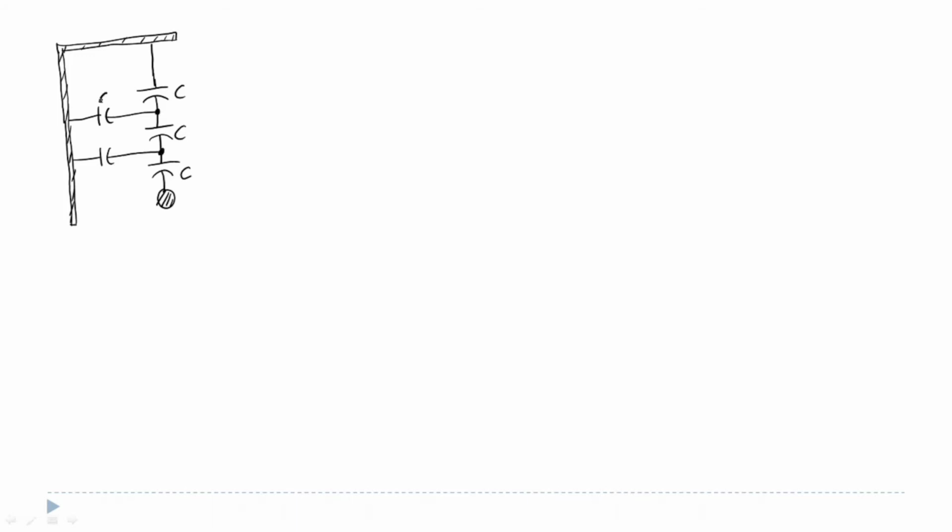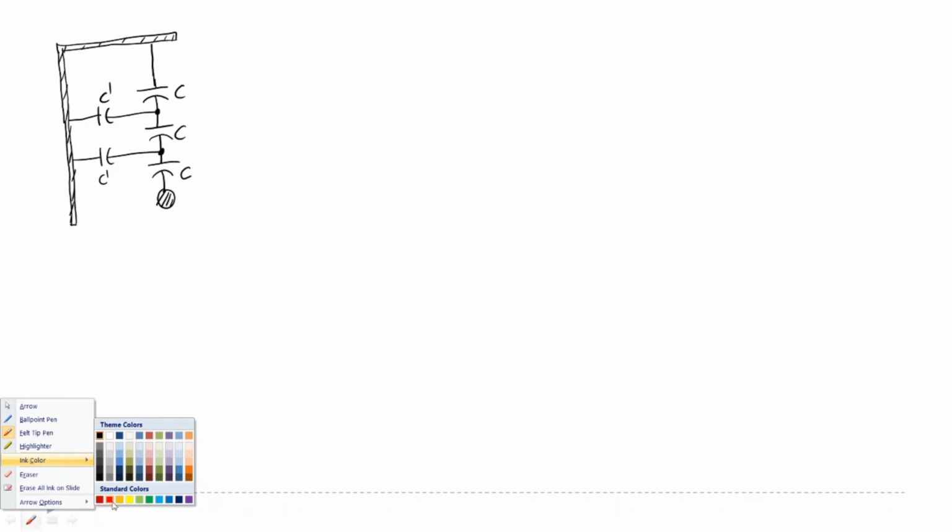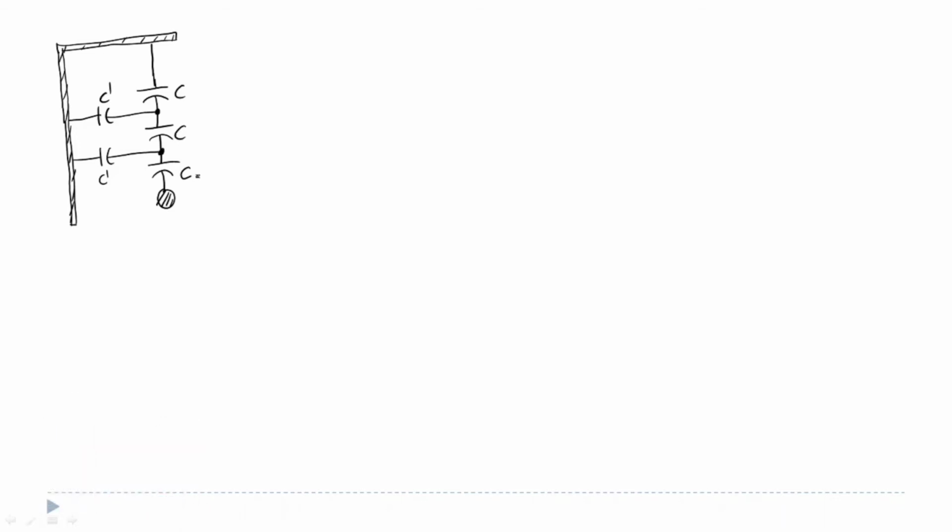So this is C dash, and this is C dash. In addition to this, we take an extra guard ring from the power conductor like this. So this is the guard ring.